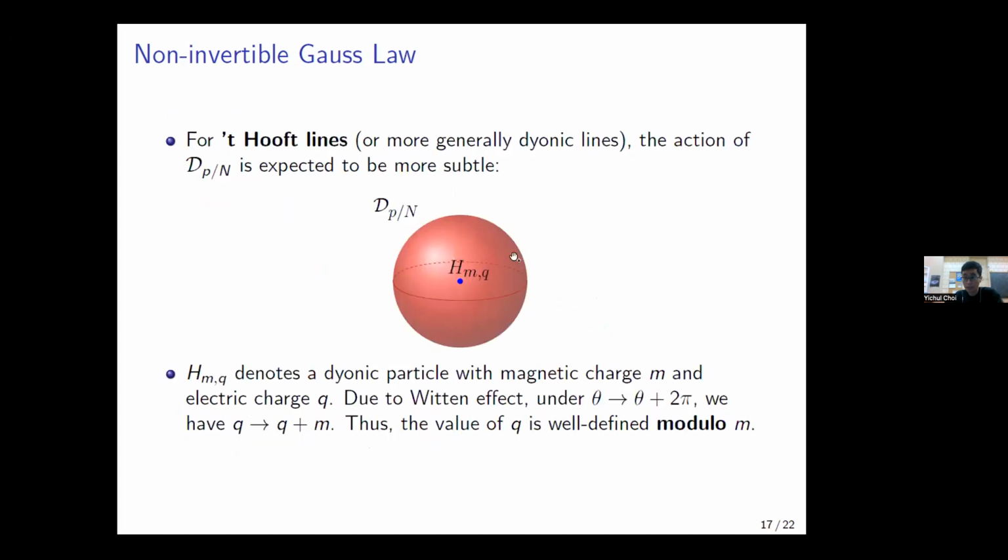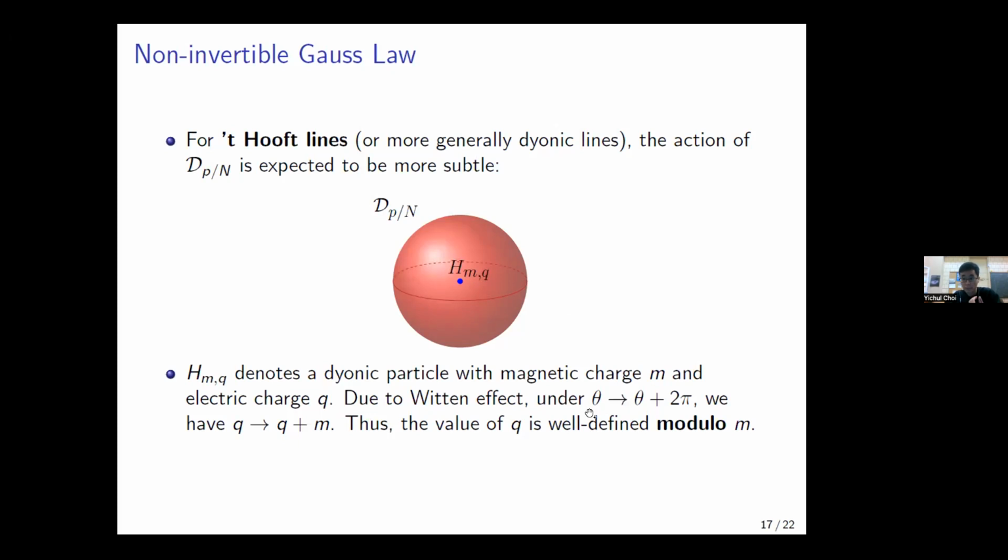However, we expect the situation to be more complicated if we do it for a magnetically charged particle. We will have a 't Hooft line in this case. To be more concrete, let's say we have a particle with magnetic charge m and electric charge Q. So this will be a dyon. The electric charge of the dyon has a certain ambiguity because of the Witten effect.